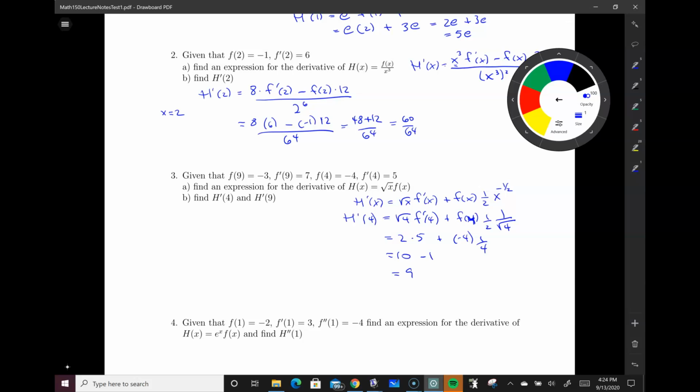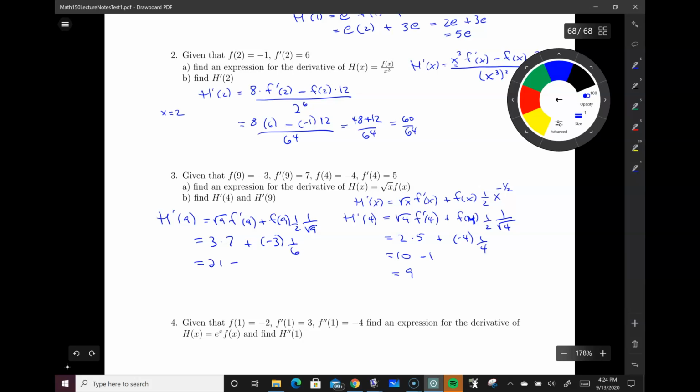Oh, and I'm supposed to find h prime of 9 also. So h prime of 9, root 9, f prime of 9, plus f of 9, 1/2, 1 over the square root of 9. So that's 3 times 7, plus f of 9 is negative 3, and this will give me a 1/6, so I'll get 21 minus a 1/2, and I'm just going to leave it.